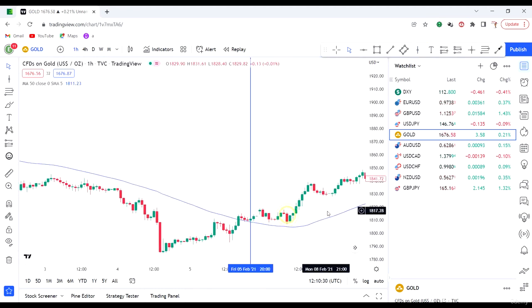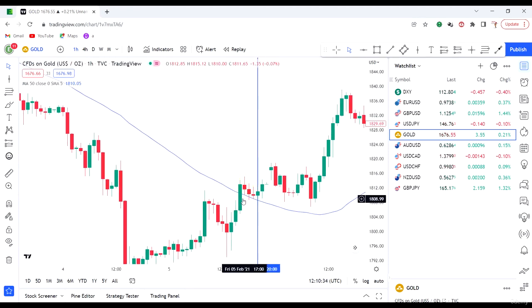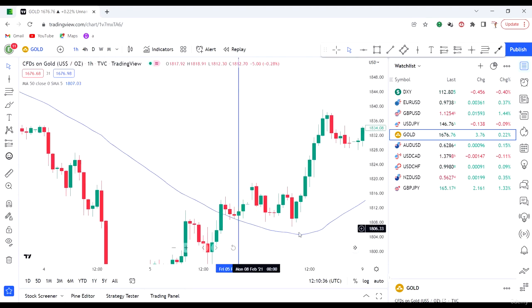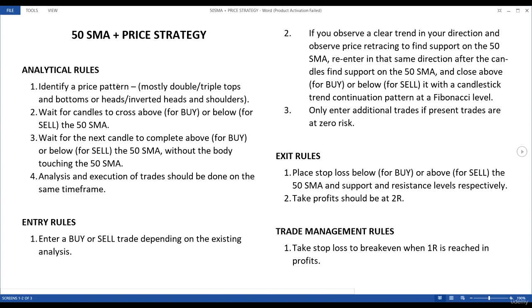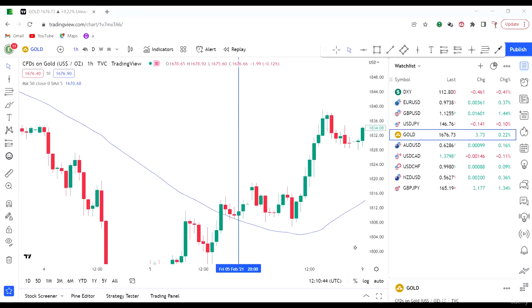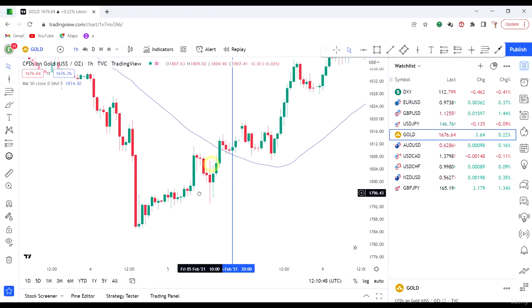So as you can see, now price has crossed the 50 simple moving average, right? And then what other rule did we have? We have to identify a price pattern. So let's see if we can identify a price pattern, that's of course below here.